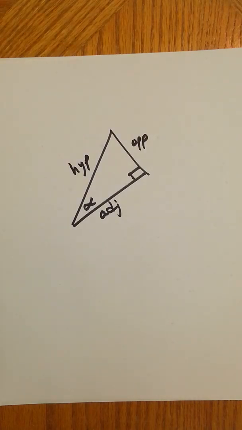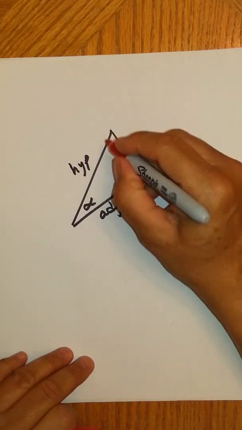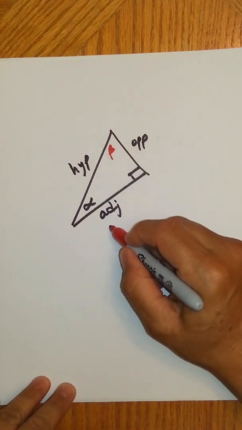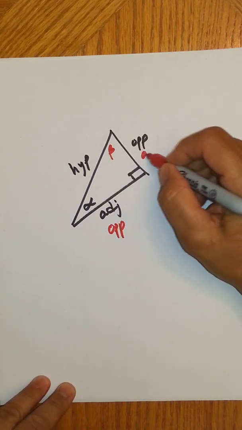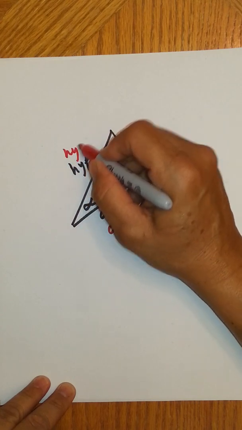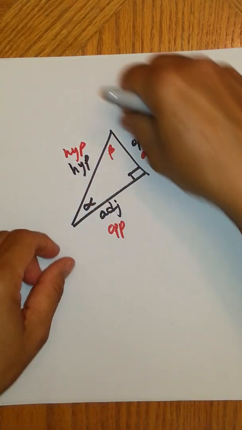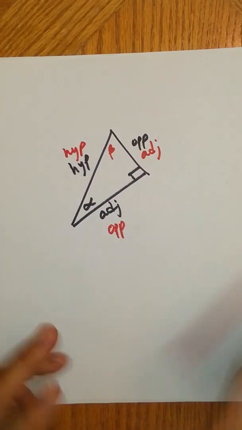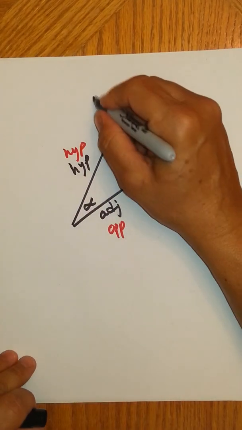But if you'd looked at it relative to this angle, then relative to the beta, this would be the opposite, this would be the adjacent, and this is the hypotenuse. So I could take this triangle and just turn it around in any direction, and this is what I mean by freeform.